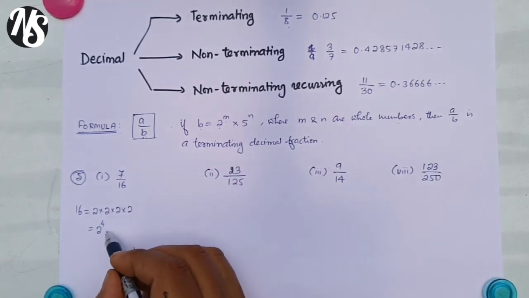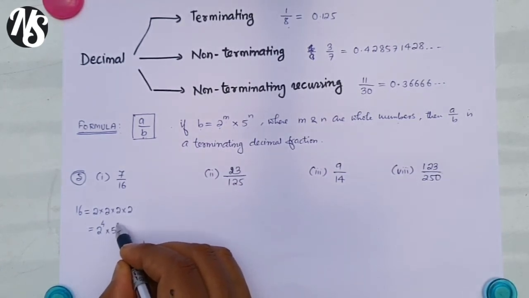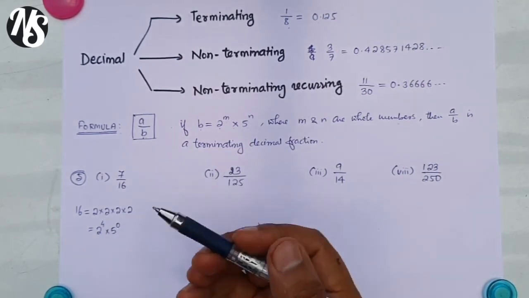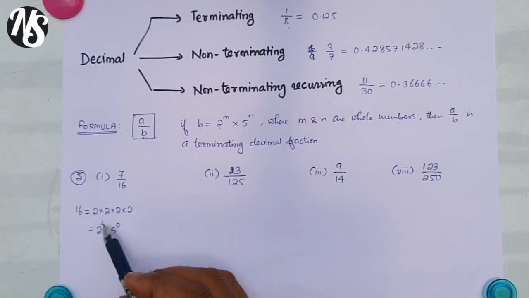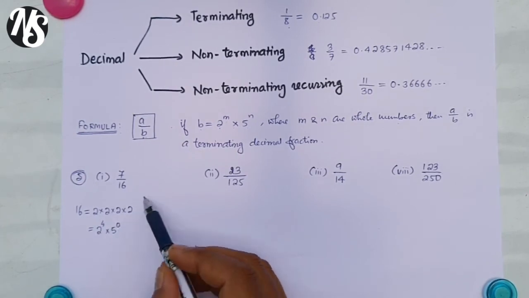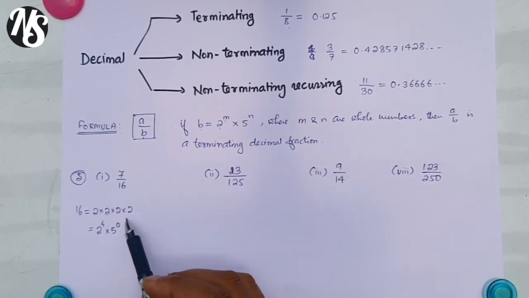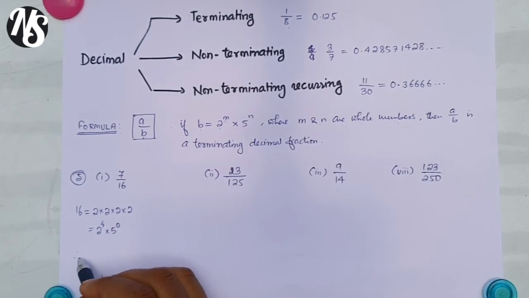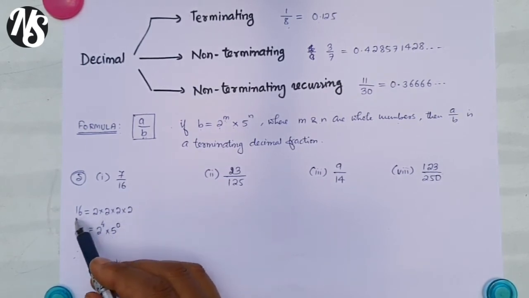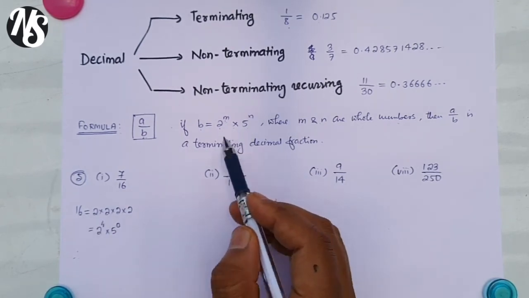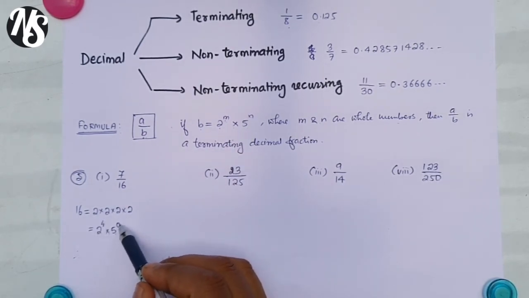No, but remember, we can write 5 to the power 0 also, because 5 to the power 0 is just 1, isn't it? Now, are 4 and 0 whole numbers? Because the powers m and n are whole numbers, right? Yes. So that's why we see that b, the denominator, is represented in this way, that's 2 to the power 4 into 5 to the power 0.